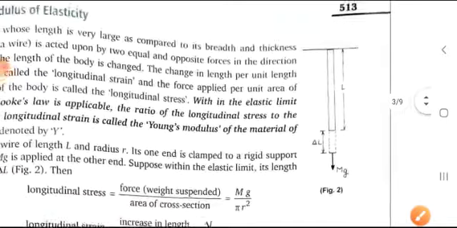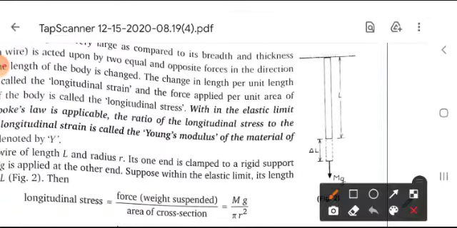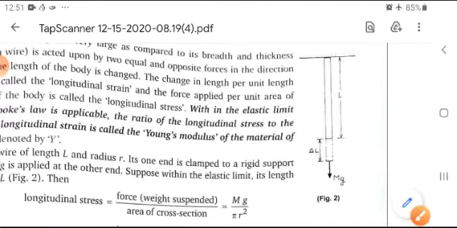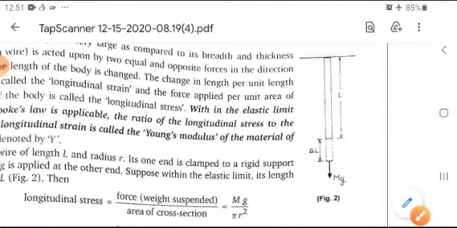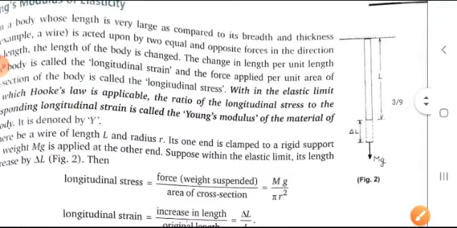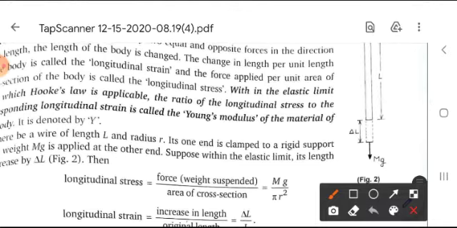Suppose that we take a rod or wire of length L, and after applying a weight, that is due to its own weight, because m is the mass of the wire, then mg force acts downward, due to which the length is increased by delta L. Now, longitudinal stress is the force, the weight suspended, divided by the area of cross section, that is mg upon pi r square.